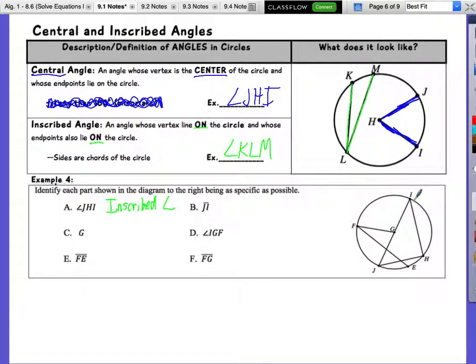Diameter. It's a chord that goes to the center. What would point G be? The center. Point G is the center. If it was circle G, then it'd be a circle, but it's point G. Angle IGF would be what kind of angle? Central angle. The vertex is at the center.